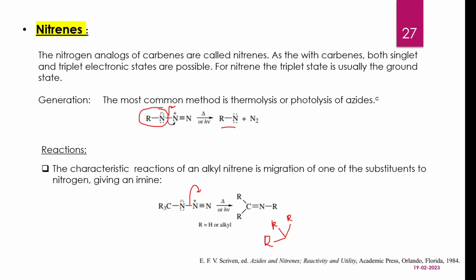Then one alkyl group will migrate to this nitrogen atom. This will come here, giving us this type of imine moiety. Understood? This is the famous characteristic reaction of nitrene.